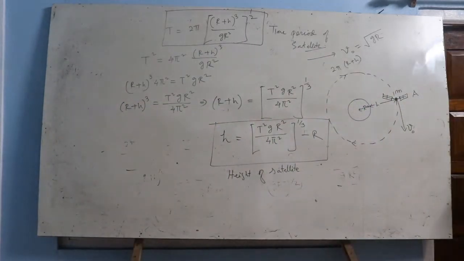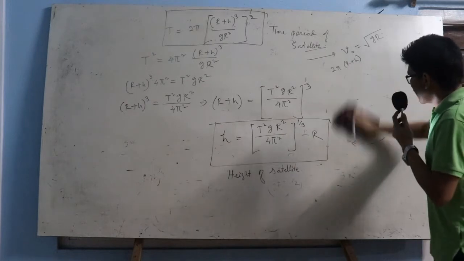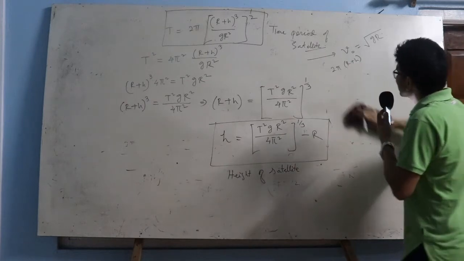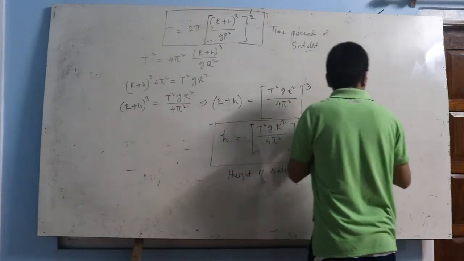After we find the time period and the height of the satellite, we can see for this geosynchronous satellite that is included in the syllabus. So let us write that. This is all about geostationary, or you can call it geosynchronous.